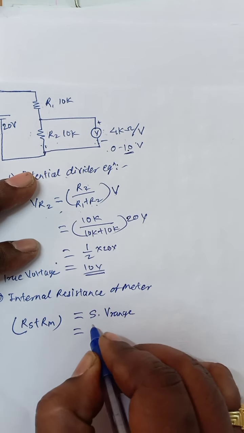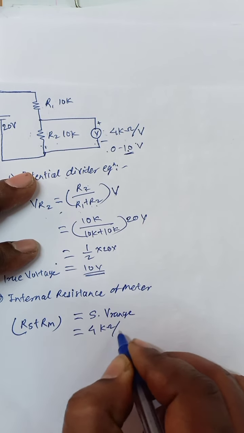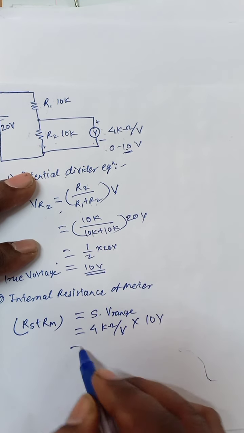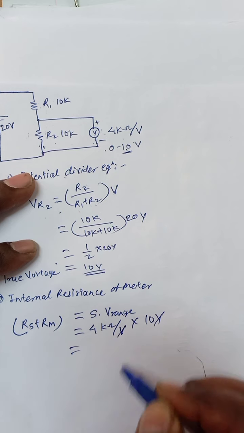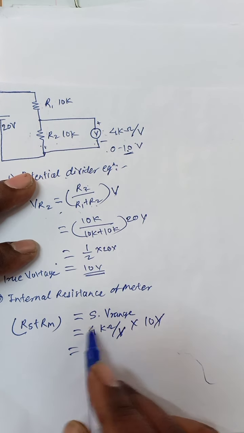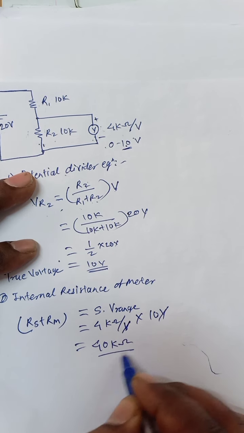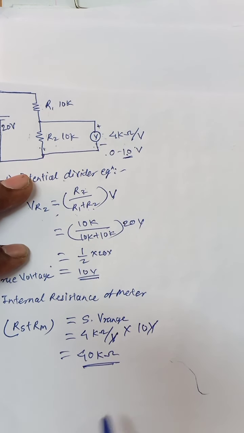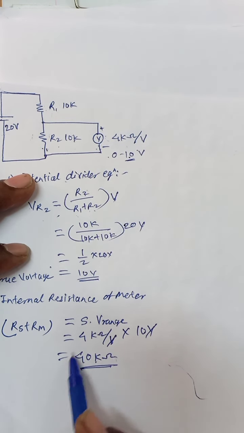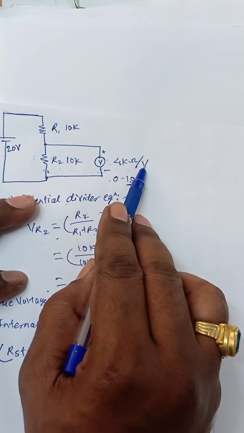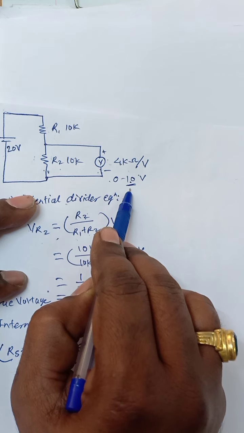S is 4 kilo ohm per volt, into 10 volt. The volt units get cancelled, and now it is 40 kilo ohm. So this is the 40 kilo ohm internal resistance of the meter. Sensitivity is 4 kilo ohm per volt and 10 volt is the V range.